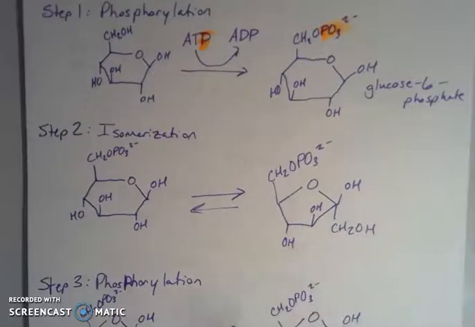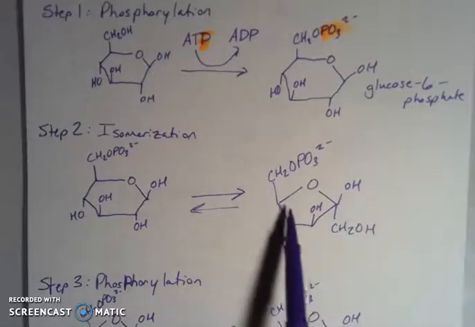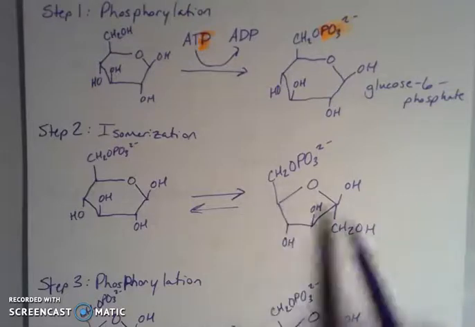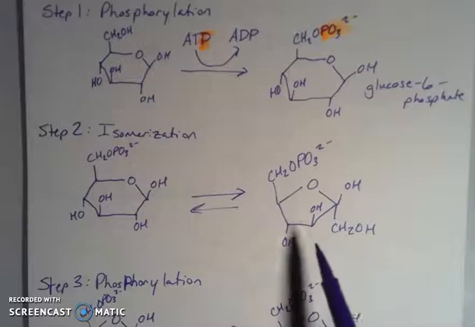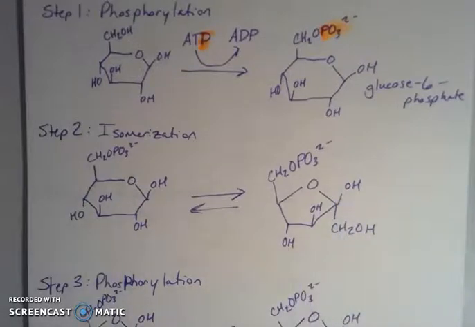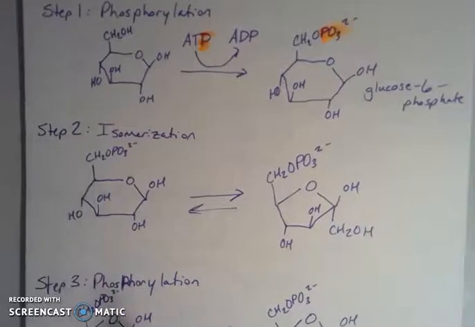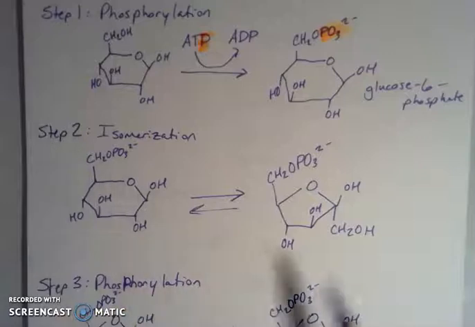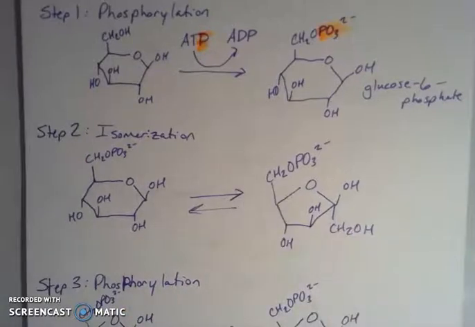So that's kind of a difference. We still have the same number of carbons though, so it's still a hexose, right? We just have them in a different orientation, a different isomer, because now I have a 5-membered ring instead of a 6-membered ring. So the functional difference between the two is, instead of having one group sticking off of one side, now I have them sticking off of both sides.